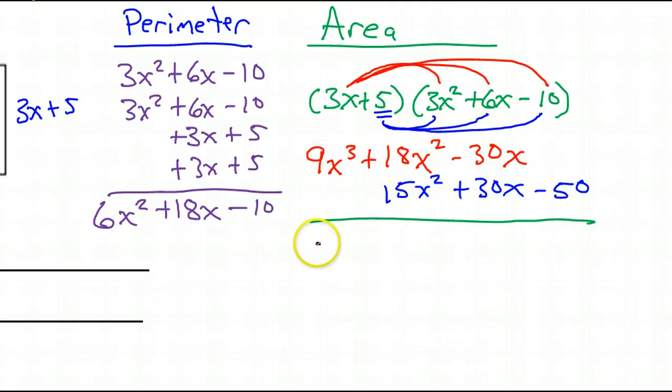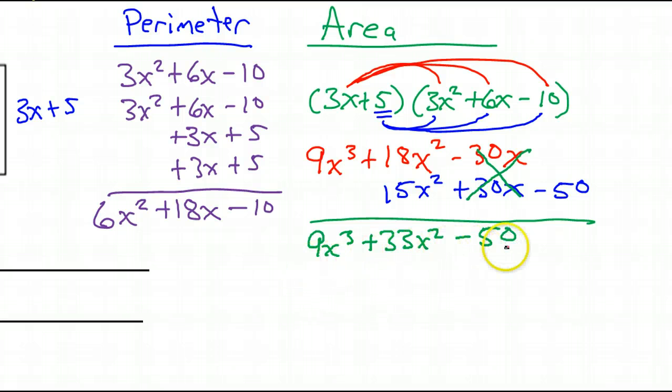So we'll bring down our 9x to the third power. And then that's 33x squared. If you add those up, the positive 30x and the negative 30x cancel each other out. So that's just gone. And then we've got the minus 50. So that should be your final answer for the area.